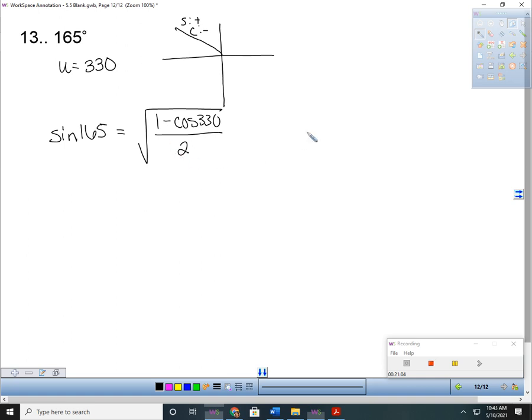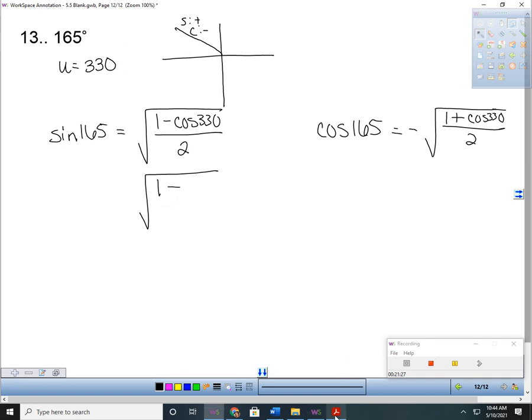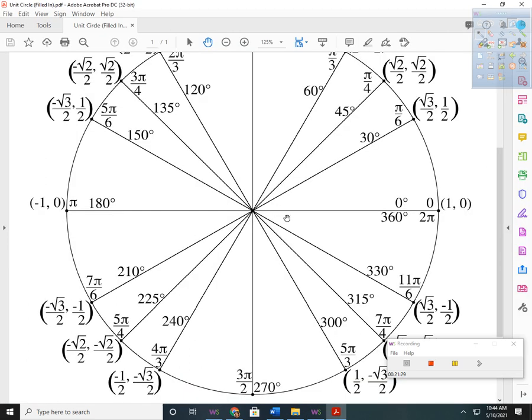I'm going to do the same thing before I move on. I'm just going to do cosine as well since their formulas are very similar. It will be a negative square root of 1 plus cosine 330 over 2. That's the only difference, the positive and the negative. So I'm going to replace the cosine 330 with its actual value. So I go to my unit circle, 330.